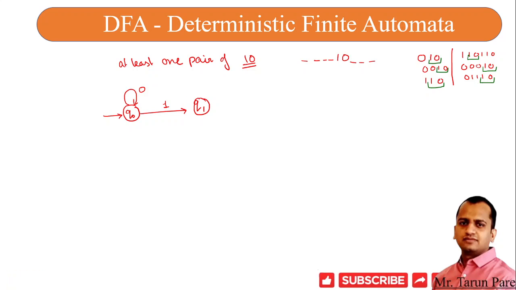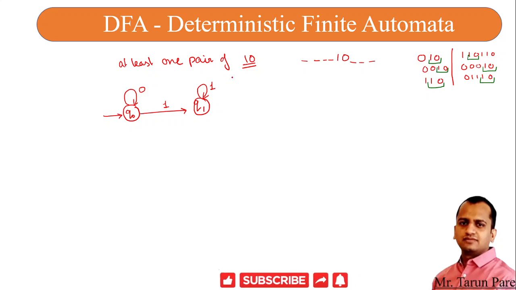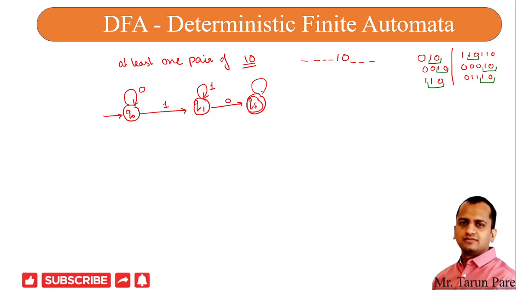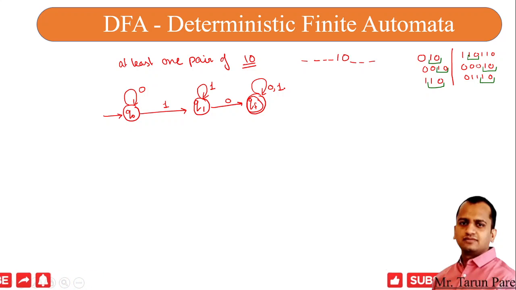After that, if we get n number of ones, we make a loop on it. After that, if we get a 0, then we have to end the string, so we represent it by q f. Then if there is any number of zeros or ones, we represent it like this. So this is the deterministic finite automata for the string which contains at least one pair of 1 0.